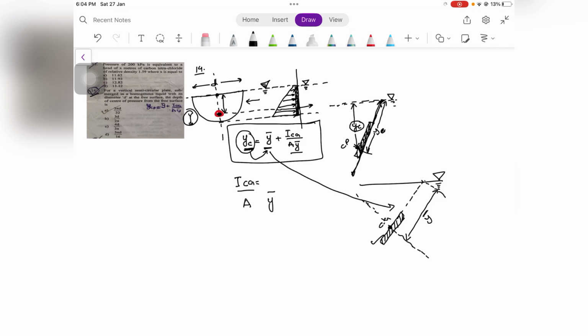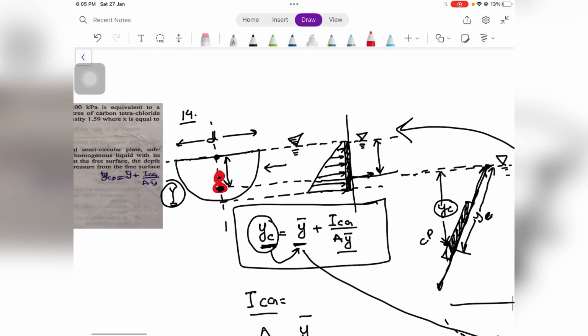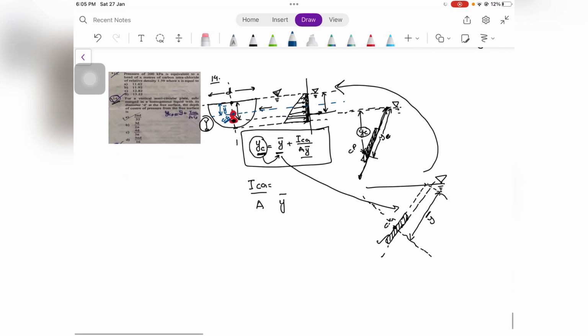In the general case, it refers to the distance along the plane of the plate, but for this question, we can safely assume that it is the perpendicular depth from the free surface. Suppose the center of gravity is somewhere here on this plate, then Y bar is the distance from the free surface to the center of gravity of the plate.